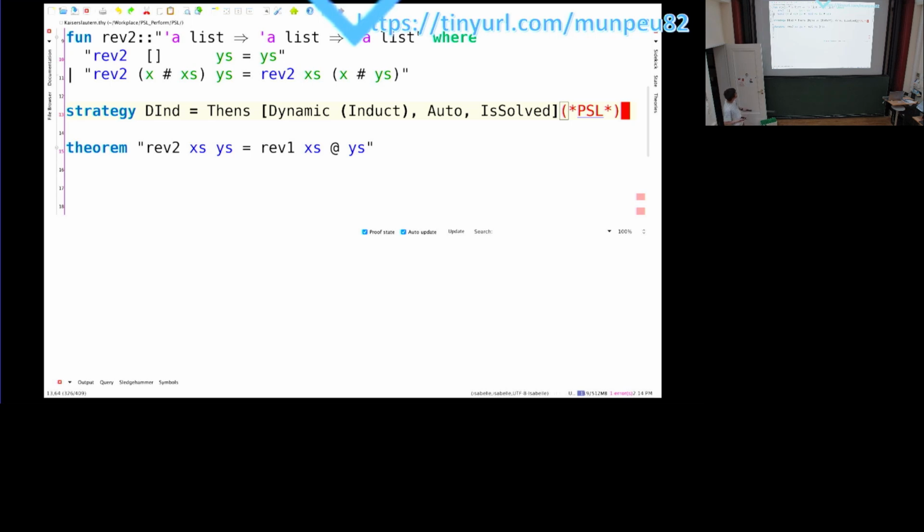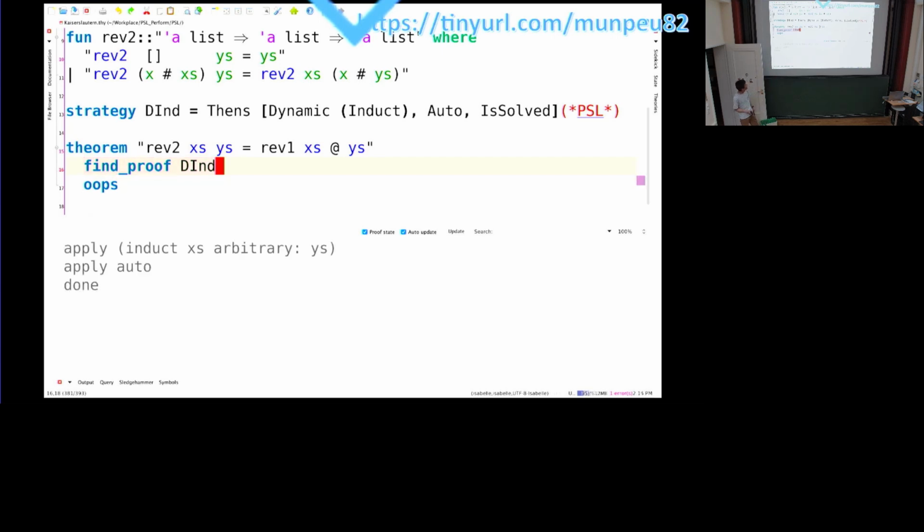In this case, I defined a strategy called DInd, which is a sequential combination of three sub-strategies: dynamic induct, auto, and is_solved. We applied this strategy using the keyword find_proof, and after some time, it finds this proof script.